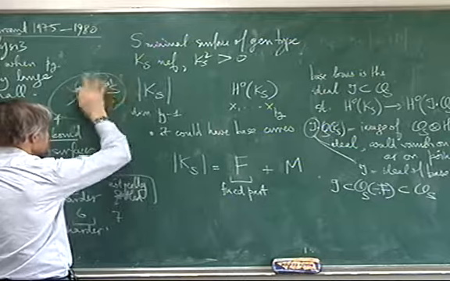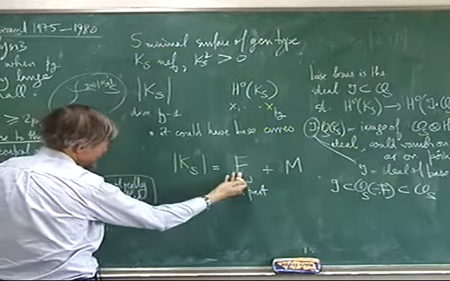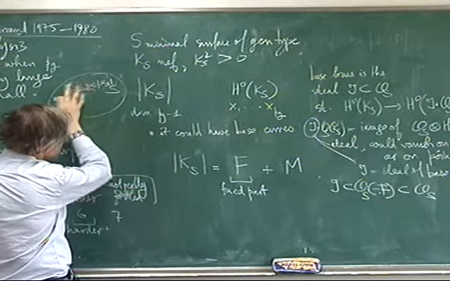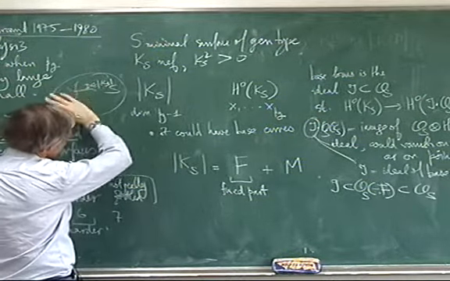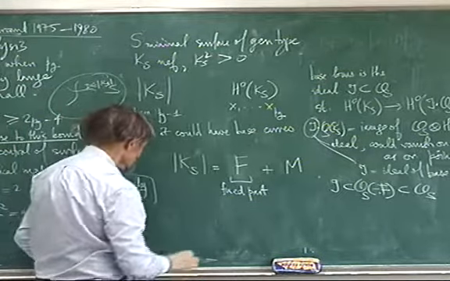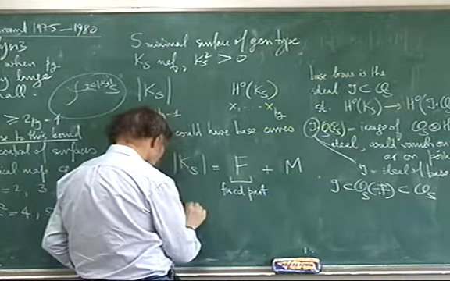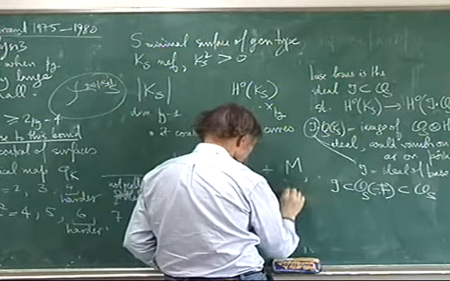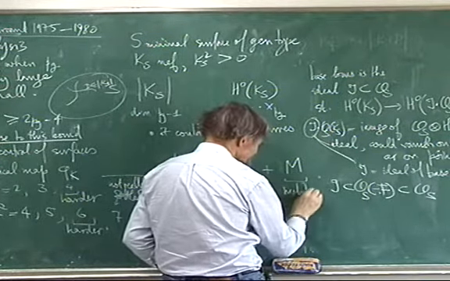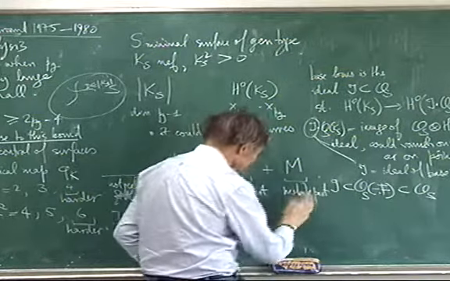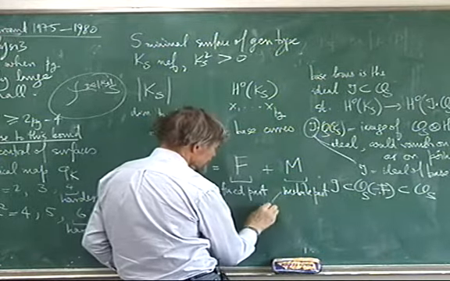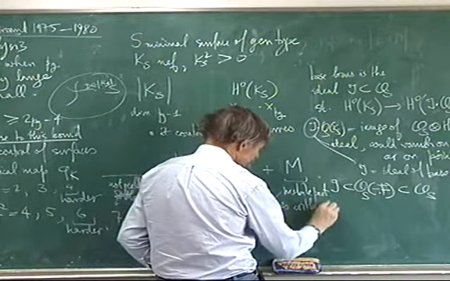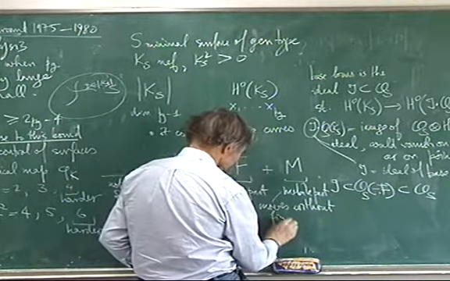So these are moving around, except some of them may be fixed. This means that there are some curves here that don't move around. And then M is the mobile part. So now this is moving. This moves around without fixed components.